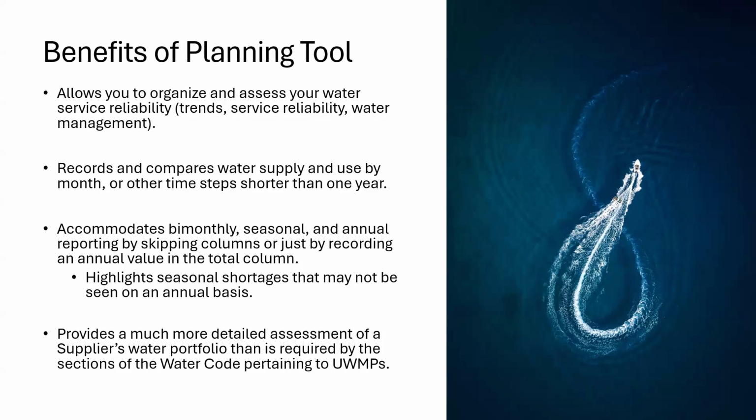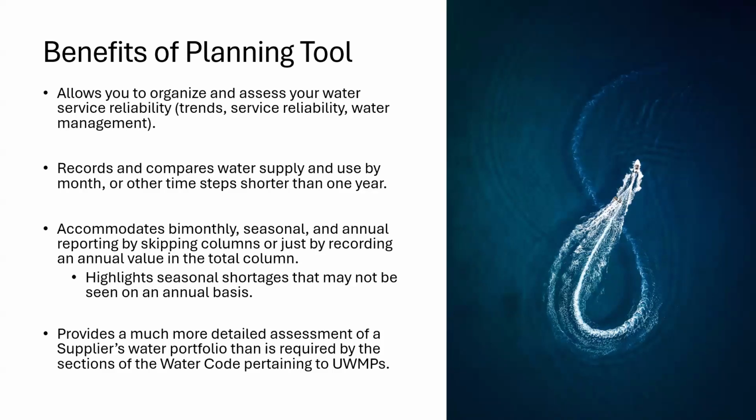The tool will allow you to record and compare water supply and use by month or other time steps shorter than 1 year. And this is really helpful because in the UWMP, it mainly reports data annually by the year.